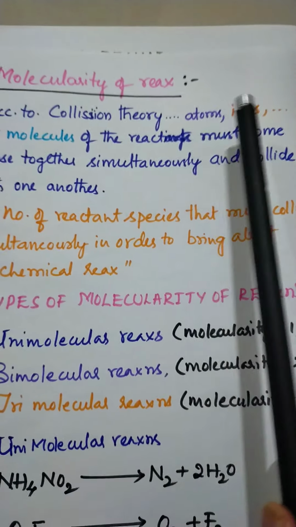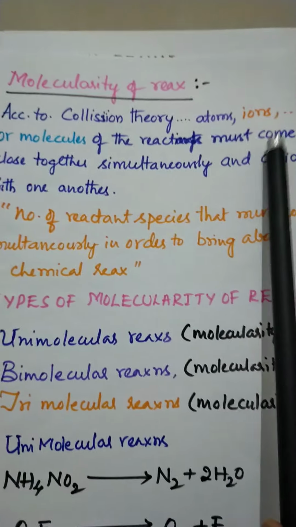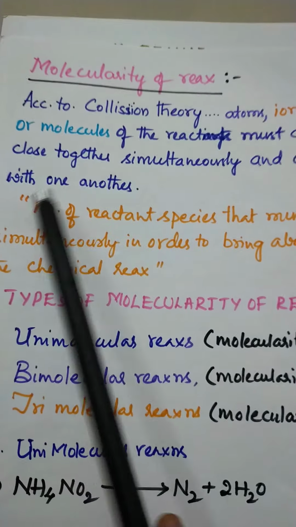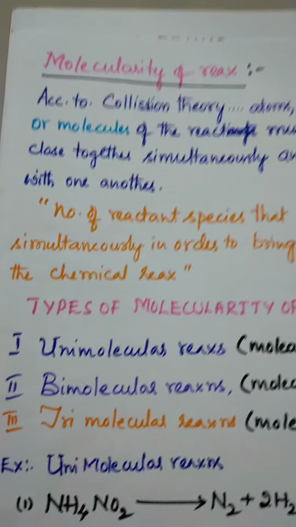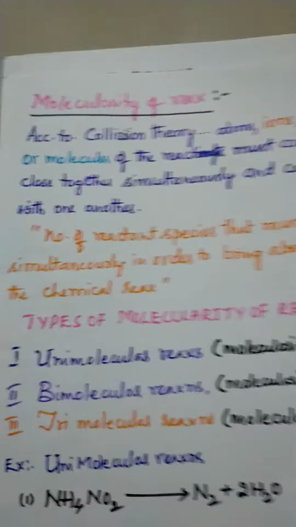Either the atoms or the ions or the molecules of the reactants must come close together simultaneously and collide with one another. This is the molecularity of the reaction, as collision theory defines it.